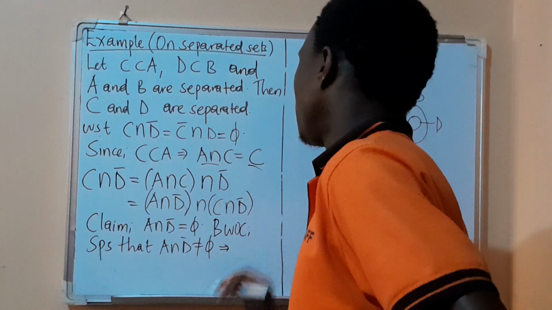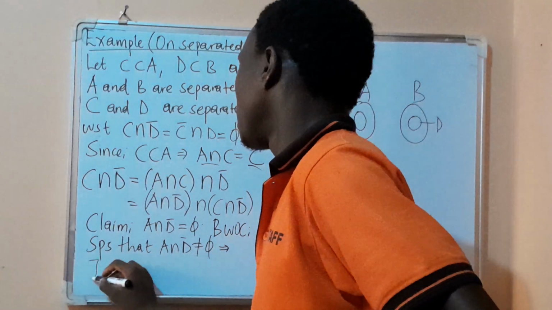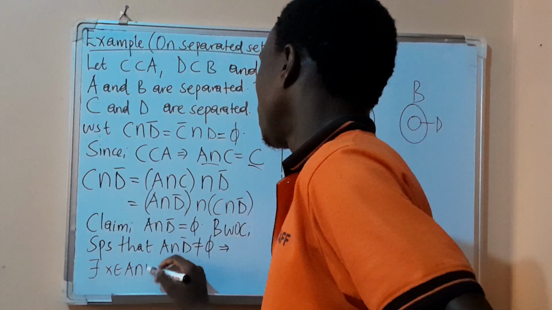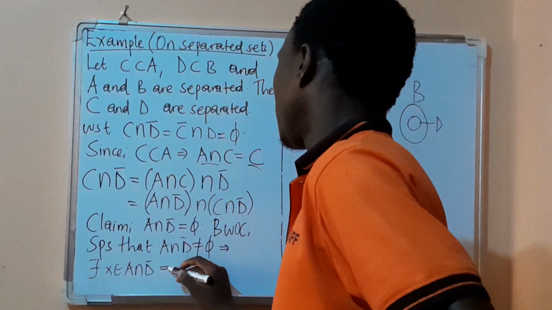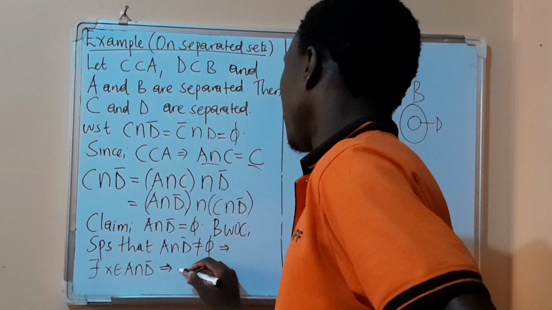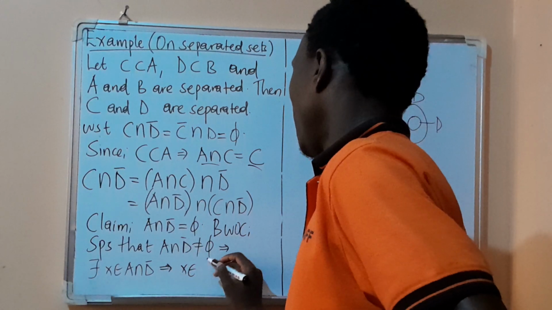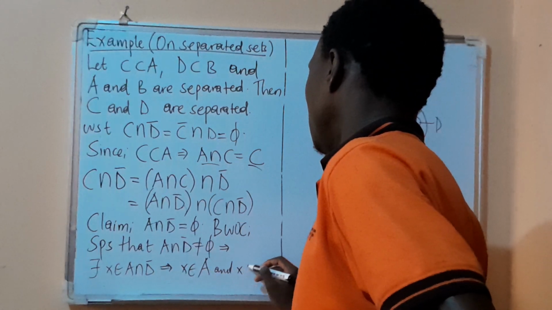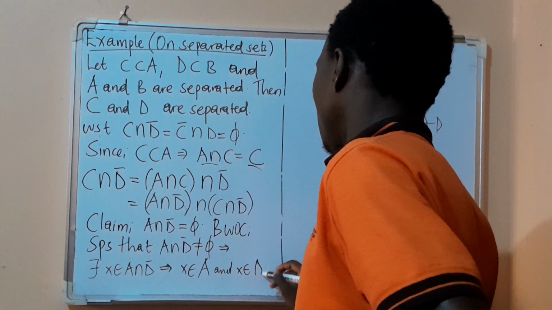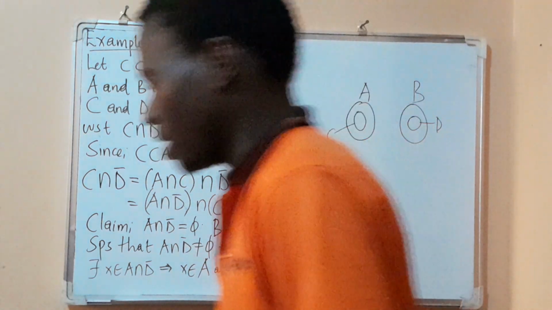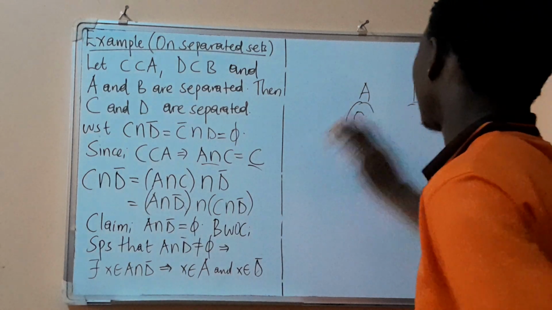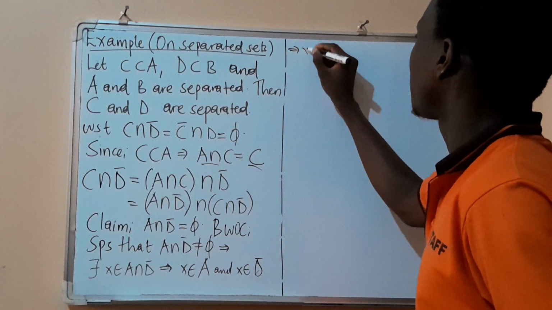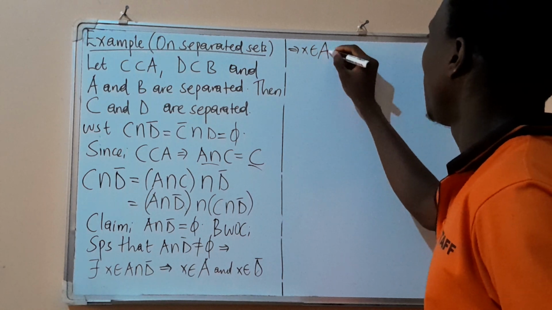So this implies that if it's not empty, there exists a point X in A intersection D closure, implying that X is in A and X is in D closure. So what does that imply?